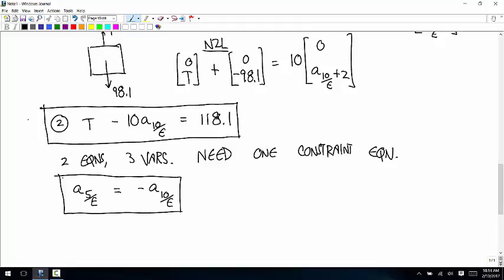Okay. Any questions about that constraint equation or any of this yet? Yeah. No, they have to be linearly independent equations. So those reduce down to the same equation, and so it wouldn't help you.